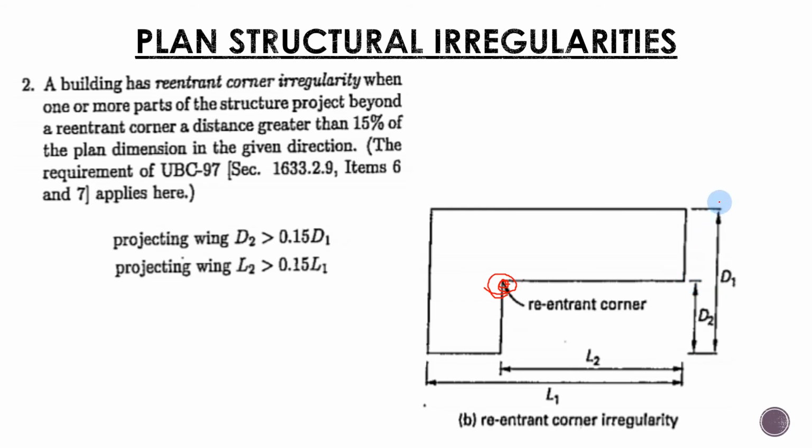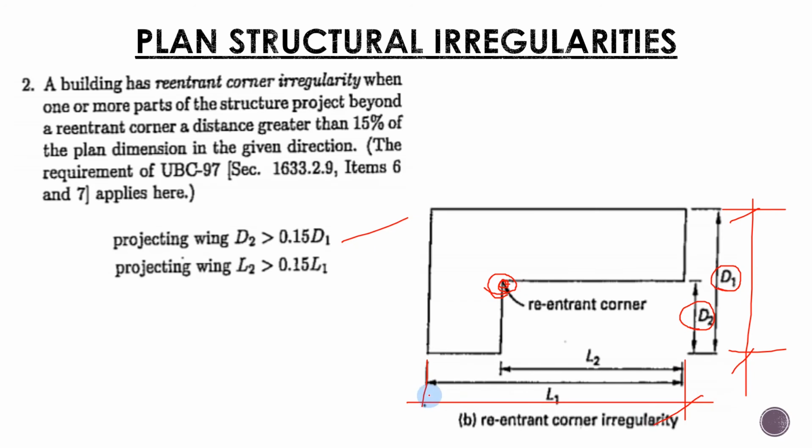So dito if this dimension is greater than 0.15 of D1. Okay, so first condition for this side, sa vertical dimension, then sa horizontal dimension if ang L2 is greater than 0.15 of L1.